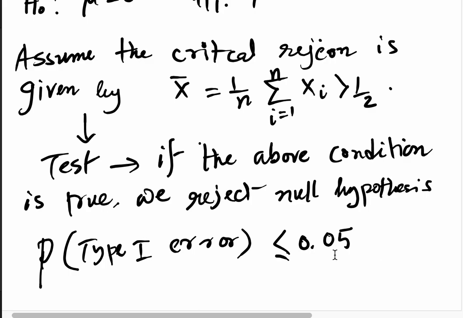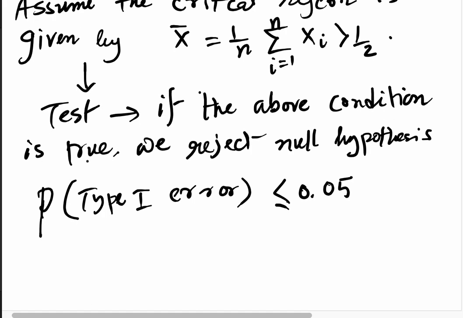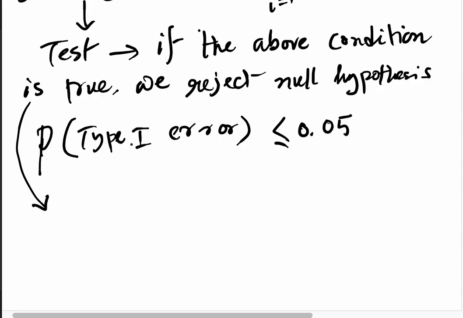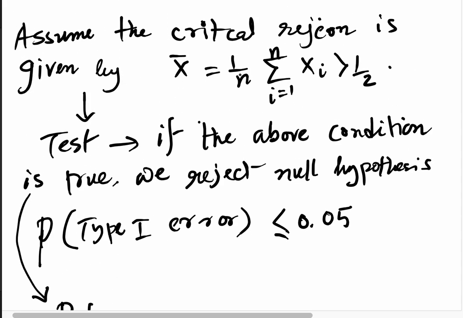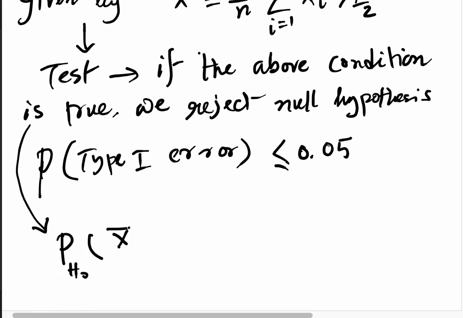So we have to find the probability of type 1 error. Type 1 error means rejecting the null hypothesis when it is true. So that means the probability under H0 that x bar is greater than 1/2 is alpha.